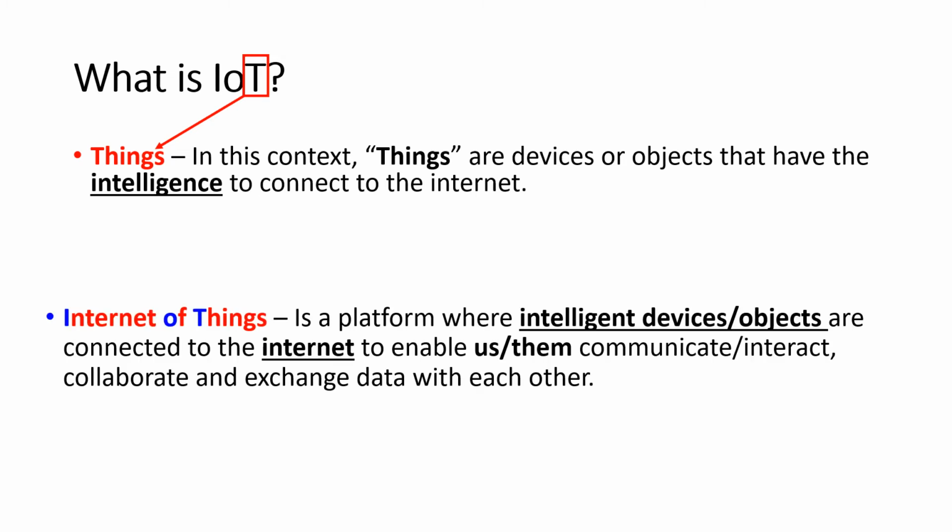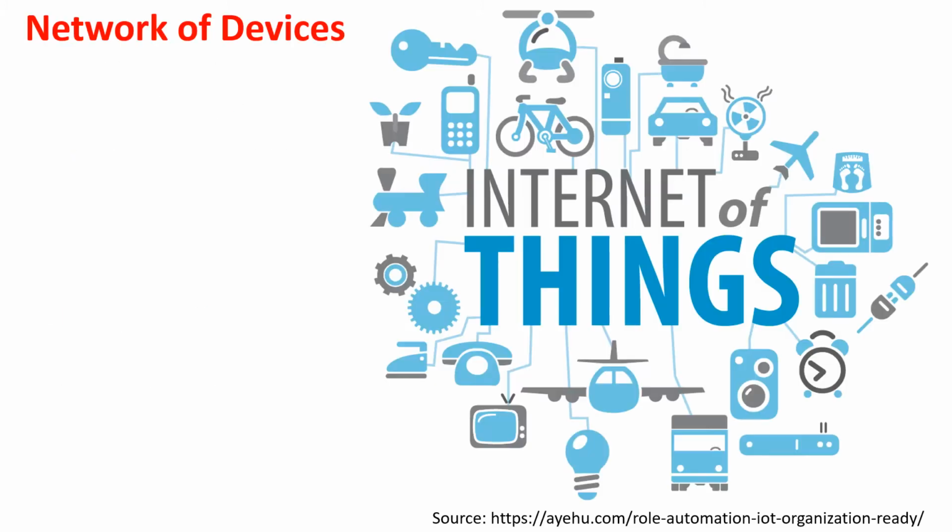Therefore, what is an IoT once again? This is a platform where intelligent devices or objects are able to connect to the Internet and communicate, interact, collaborate, and exchange data with each other. Therefore, when all these devices are connected to the Internet, it forms what we can call a network of devices.